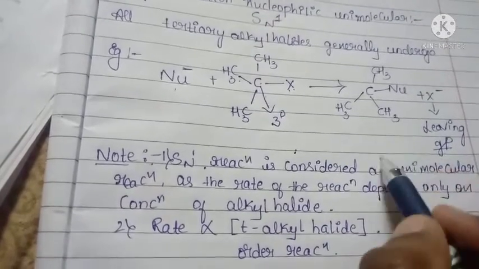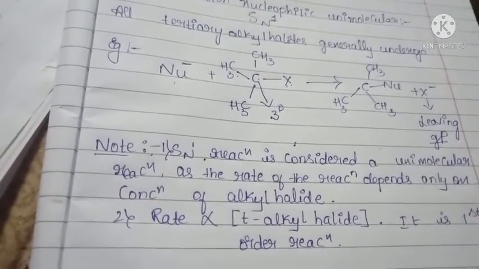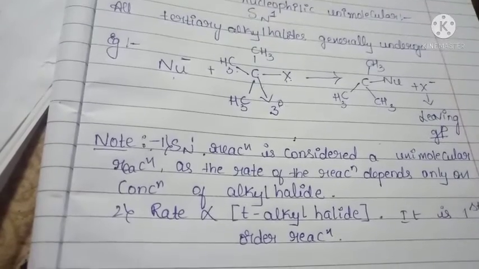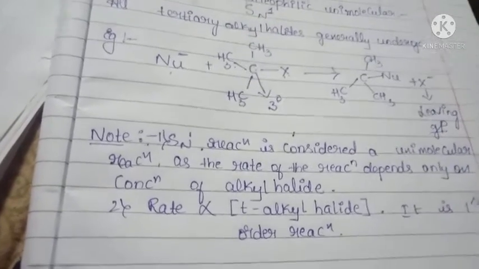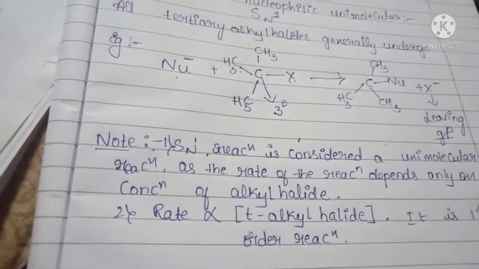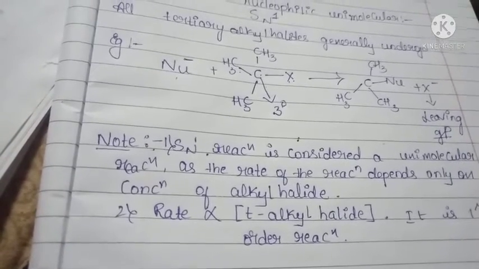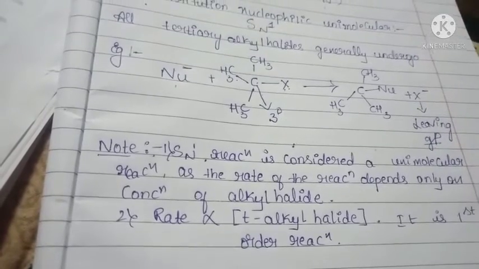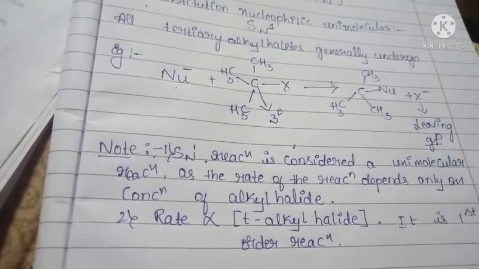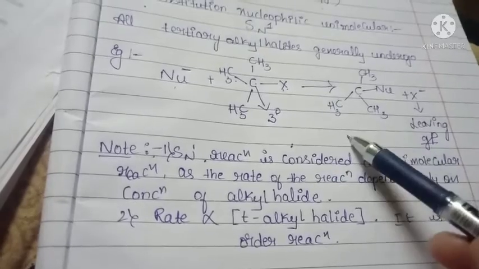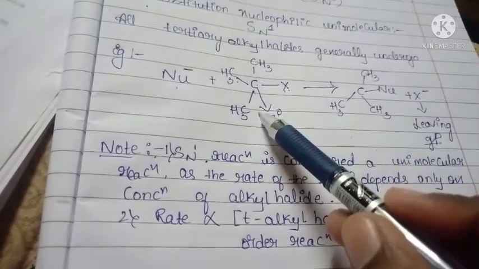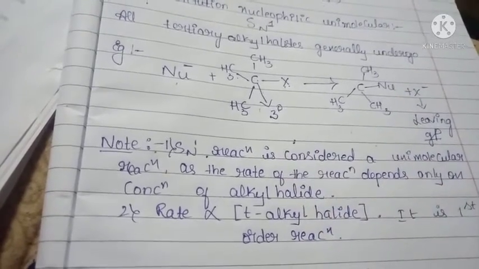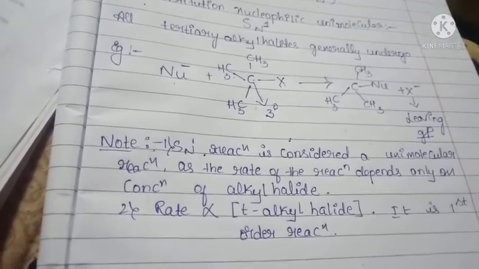Okay, the slow step is always the rate determining step, and it has only one reactant. So that's why it is a first order reaction. I will explain in the mechanism. First step is formation of carbocation, second step is attack of nucleophile.